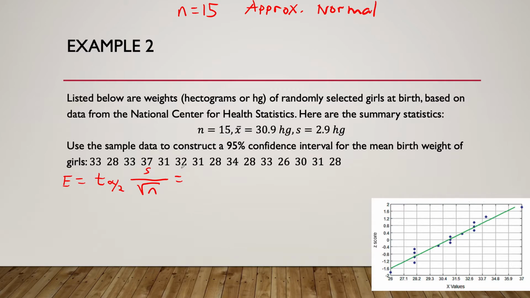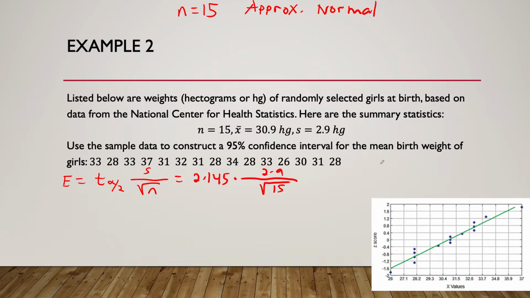So just to put numbers to all these variables, this was 2.145 times the sample standard deviation of 2.9 divided by the square root of 15.